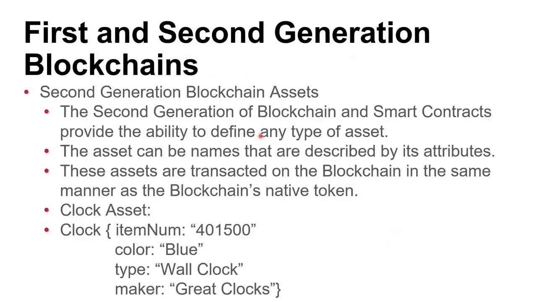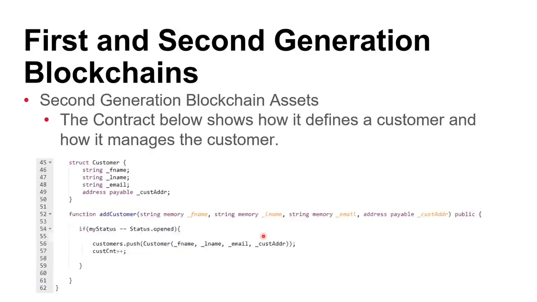And one thing about second generation blockchain smart contracts is that assets can be built that model real world objects. So attributes that model these real world objects can be built in. So in this case, we can set up a clock asset. You can give it an item number, a color, a type, and these assets are transacted on the blockchain in the same way the blockchain's native token would be transacted.